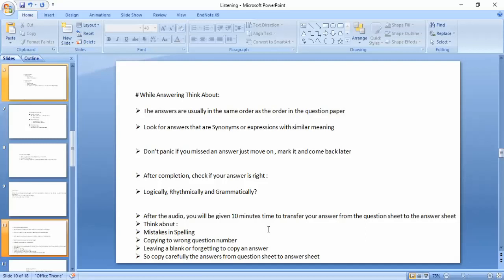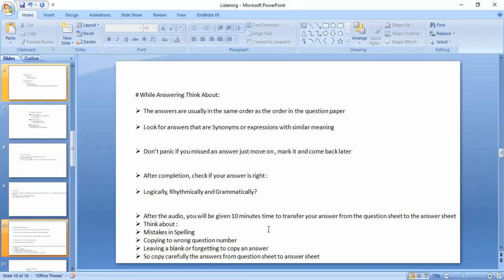So look for answers that are synonyms or expressions with similar meaning. Usually, in the audio, they will be using synonyms, words which are different in structure but have a similar meaning. For example, in the question, it might say answer true or false, and the question might read, the ring was elegant.